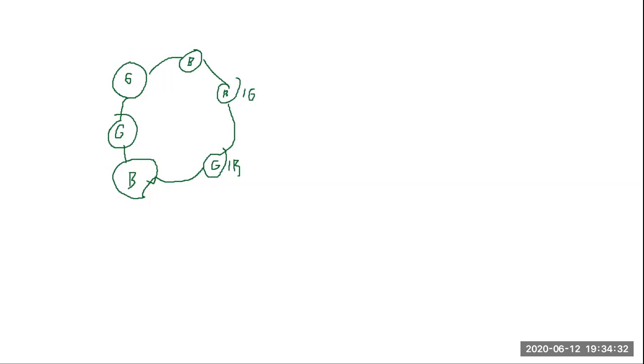So what I've done here is, correct me if I'm wrong, I've taken the fact that all of these girls can be arranged in 3 factorial ways, and so can the boys.